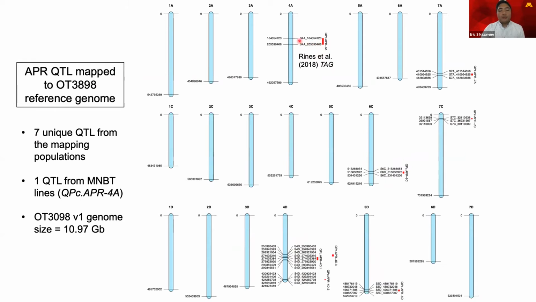This is in chromosome 4A. So in total, we have 8 APR QTL available for pyramiding. And of course, the sizes of the chromosomes are from the 3098 reference genome, which is an estimated size of around 11 gig.